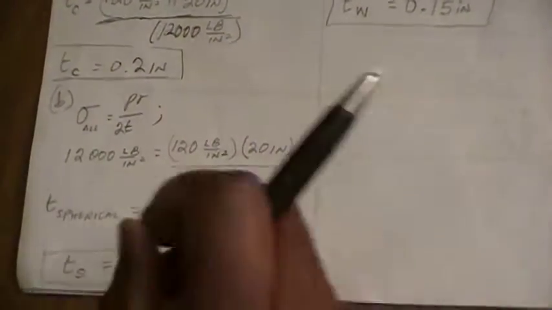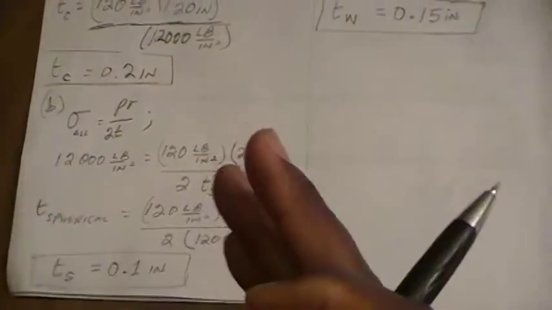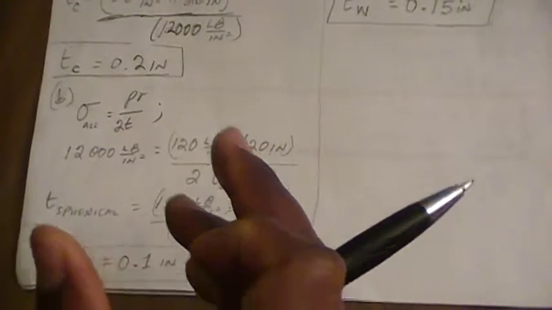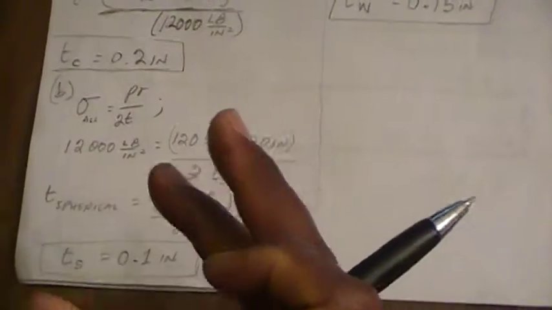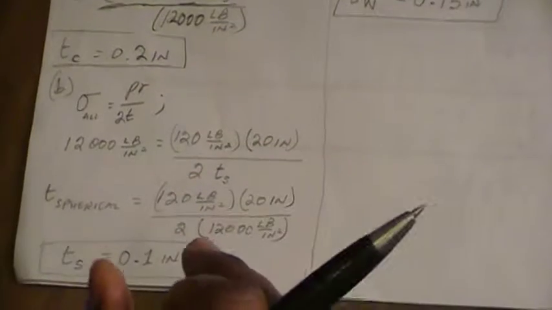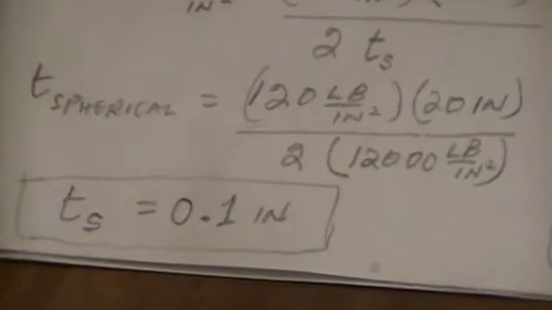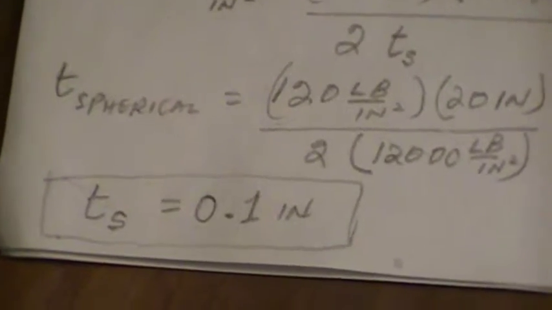So my equation becomes T equal to 120 times 20 inches divided by 2 times 12,000 pounds per inch squared. So the minimum thickness of the cap will be 0.1 inches. So that goes for part B of the problem.